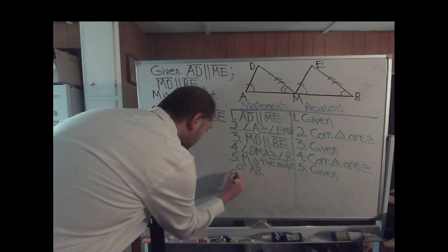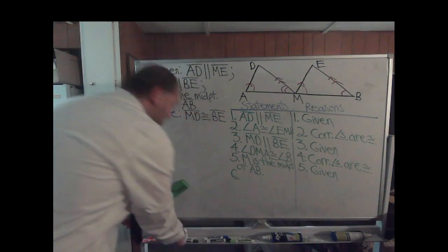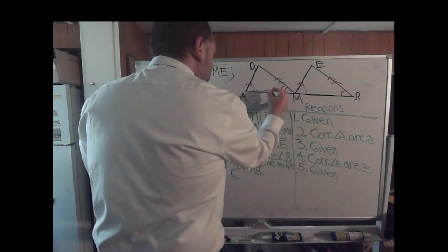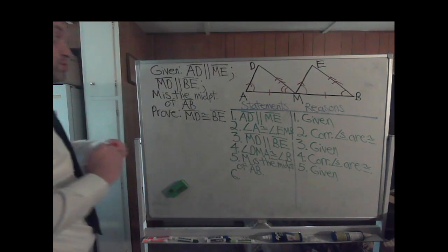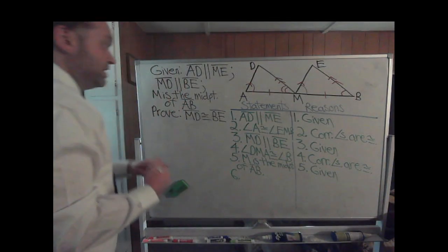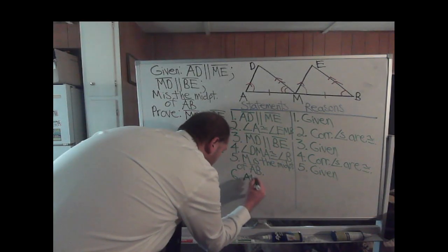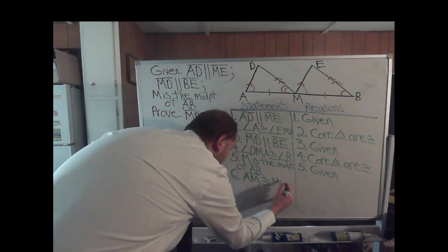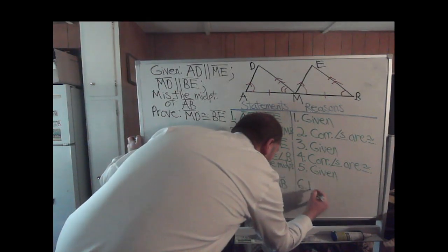Which, if we look at this diagram here, if M's the midpoint of AB, that means by the definition of midpoint that AM would be congruent to MB. So now we have two congruent sides in the triangle, do we not? So the next step here, immediate next step, is to say that AM is congruent to MB by the definition of midpoint.